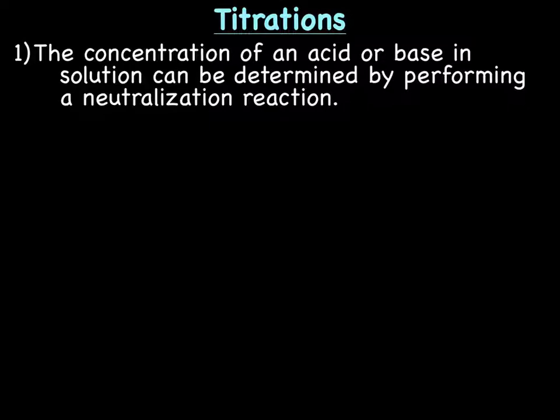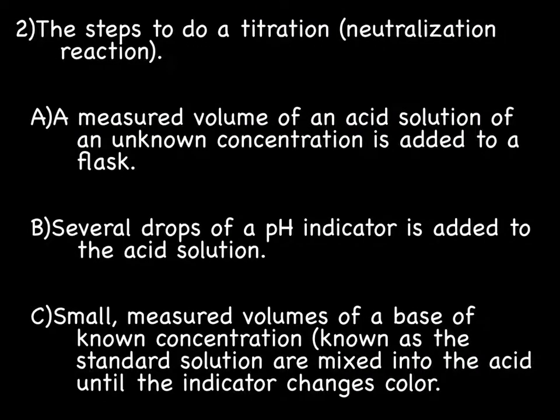The concentration of an acid or a base in solution can be determined by performing a neutralization reaction. So we can do a reaction to figure out the unknown concentration of an acid or a base. Now, the steps to do a titration.